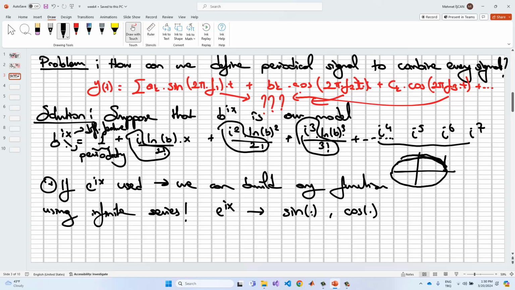If we take an expansion form of these terms, we can change this b value with e, and then we can build it.